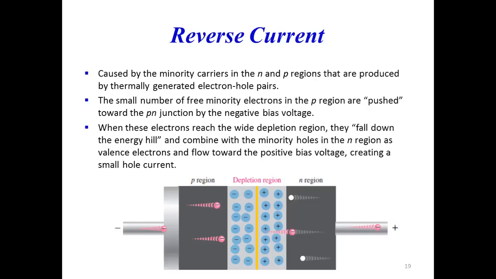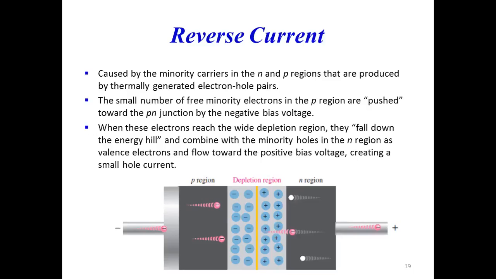Are you getting this? As I am increasing reverse bias voltage, there will be more potential across this depletion region. Reverse current is flowing because of minority carriers, and those minority carriers get accelerated.